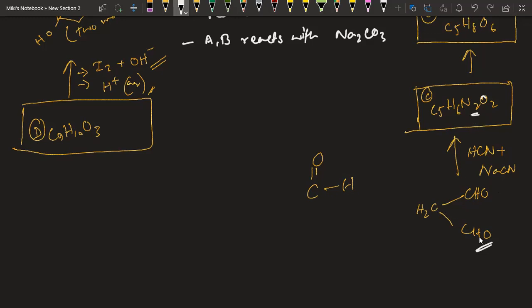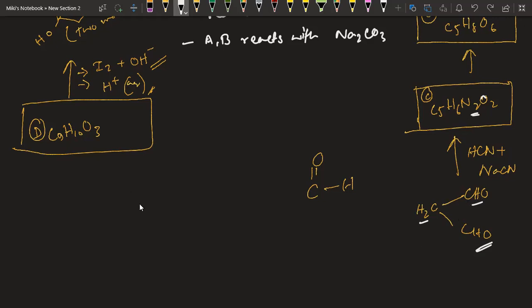New two atoms of hydrogen are included, but here it has no hydrogen atom. Moreover, here we have 4 hydrogen atoms, but here we have 6 hydrogen atoms. That means reduction is happening. Reduction is gain of hydrogen.